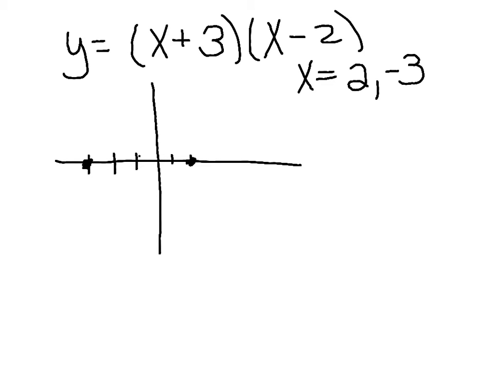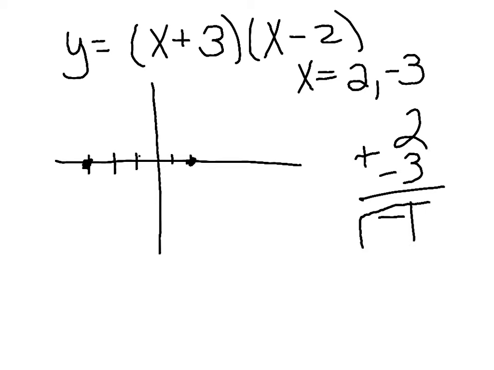So if I add 2 plus a -3, that would give me -1. To average them, I need to divide by how many terms I have. So I'm going to take that -1 and I'm going to divide by 2. That'll give me negative 1/2.